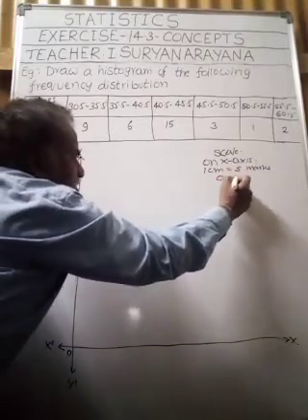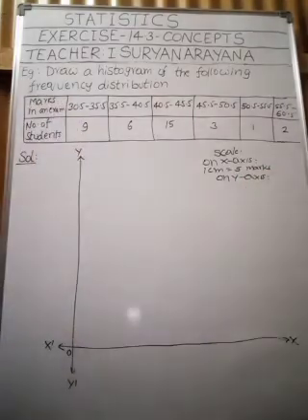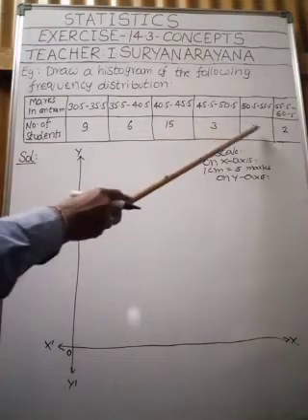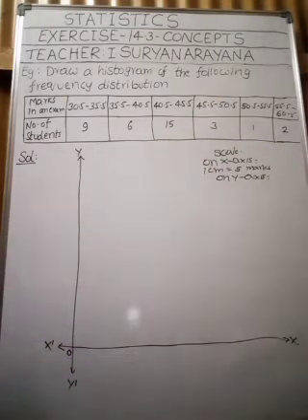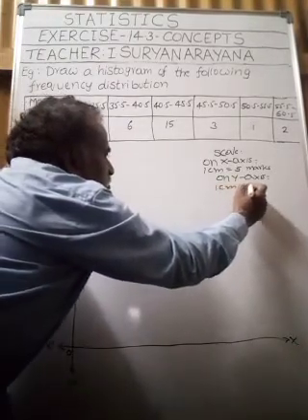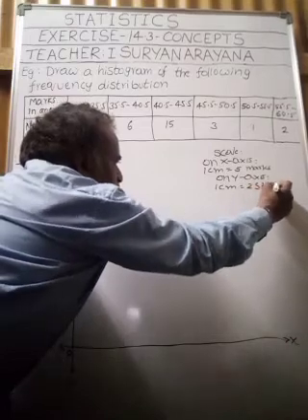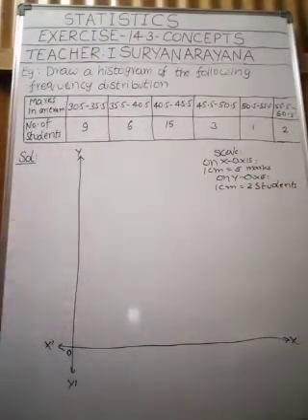Similarly, on y-axis, observe these frequencies 9, 6, 15, 3, 1, 2. Okay, my children. Let us take 1 centimeter is equal to 2 students. On y-axis, 1 centimeter is equal to 2 students.